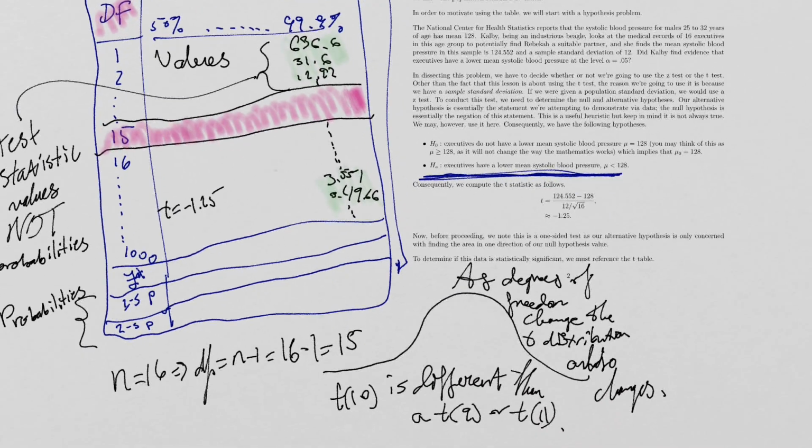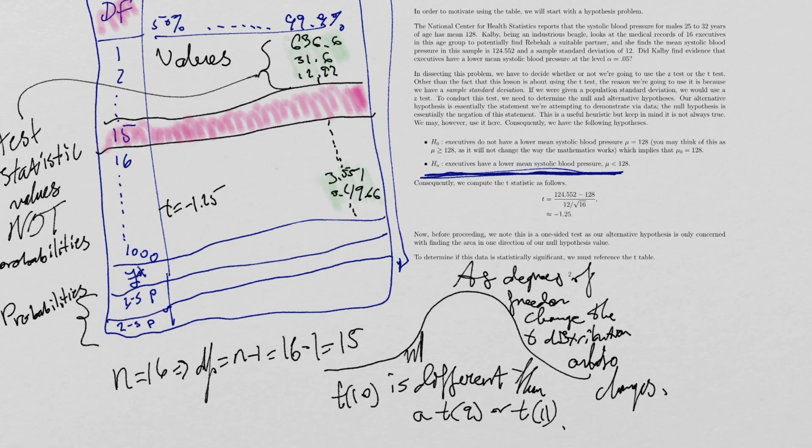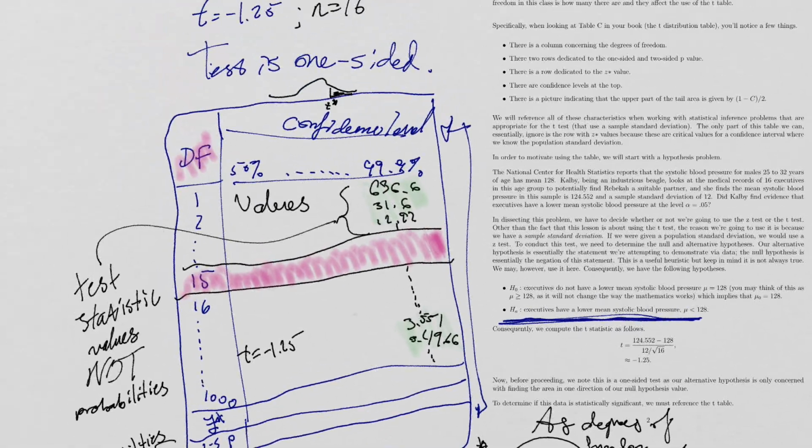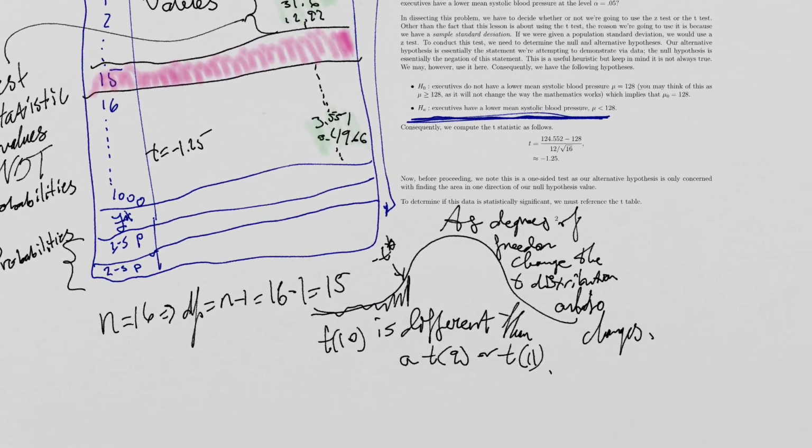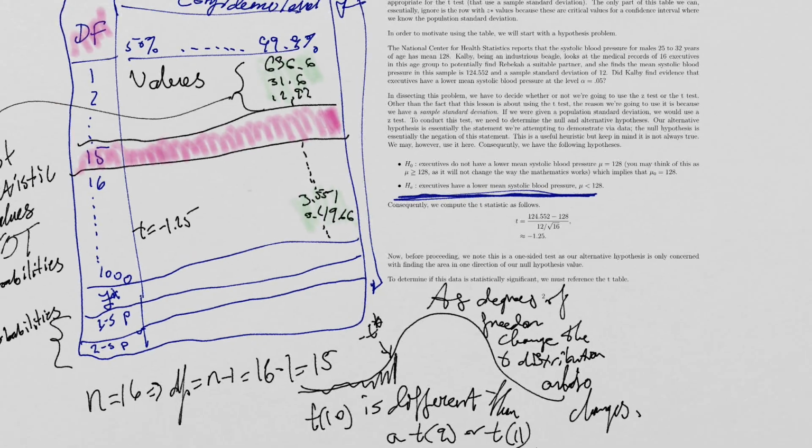What that tells us is this would be a negative t star. And our null hypothesis was one-sided, right? If you look, our null hypothesis, let me underline that here, was them having lower value. So we're looking for this area.